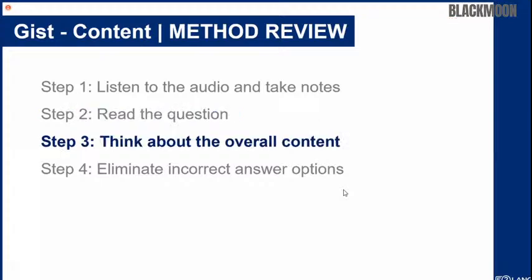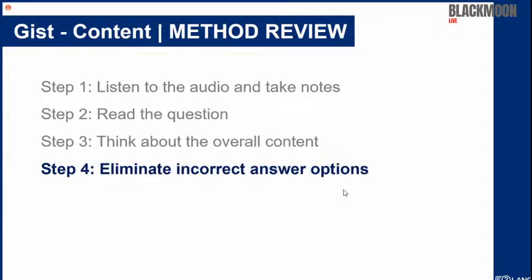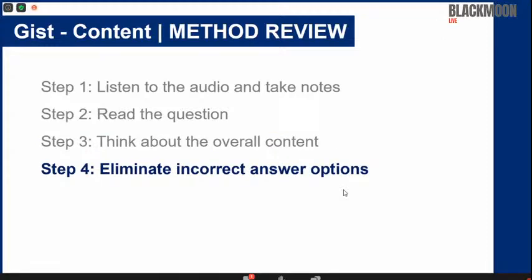Just read the question and think about the overall content. Summarize the entire lecture into a couple of words, into a sentence, however many words you need to do that. Summarize it, and then look at the answer options and eliminate incorrect answer options. Okay? That'll definitely help you. It'll not confuse you.